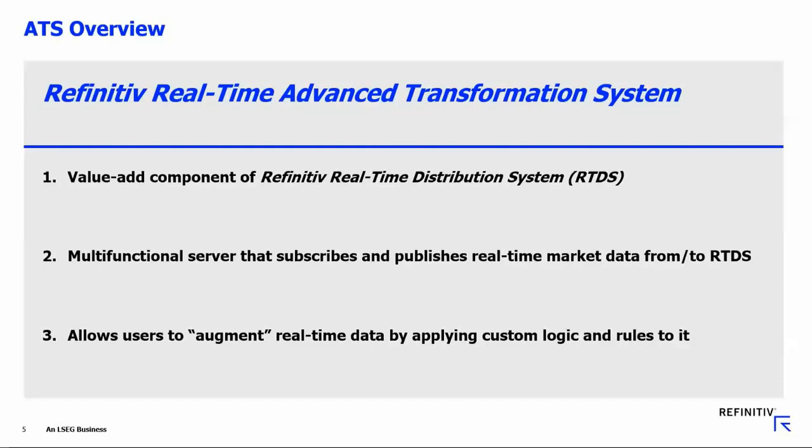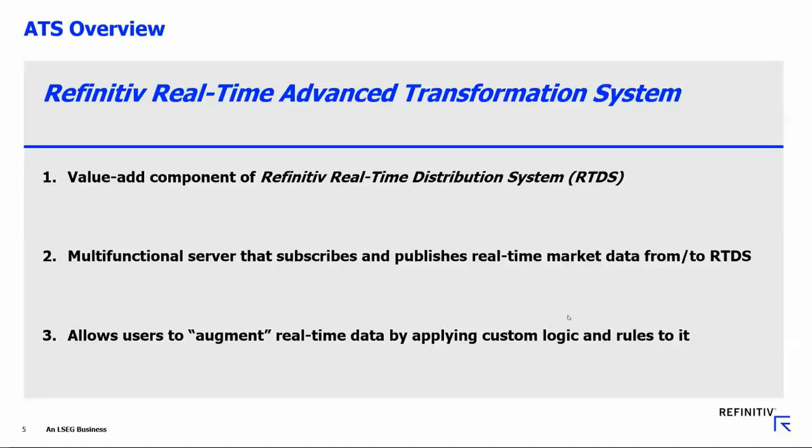ATS also allows users to programmatically augment real-time data by applying custom logic and rules. In other words, ATS can define custom calculations and create synthetic records and then publish that data onto the platform for distribution and consumption by other users.